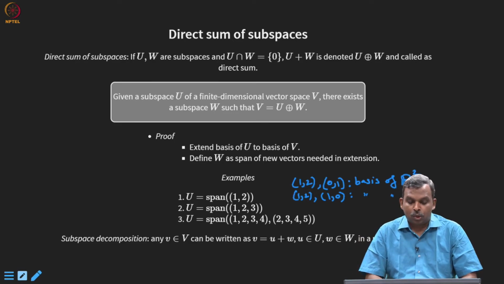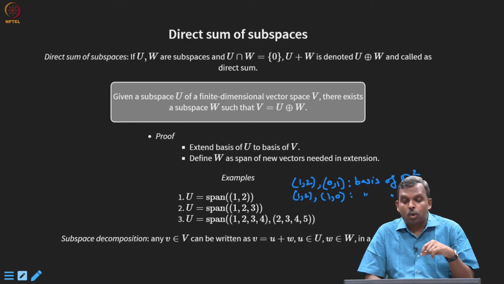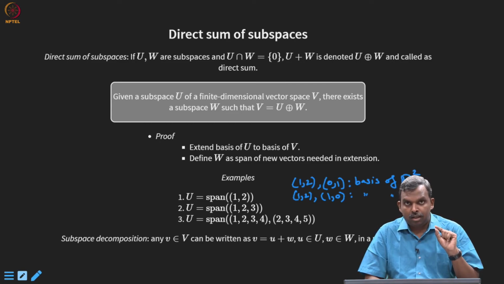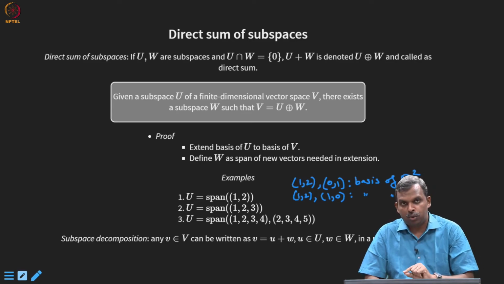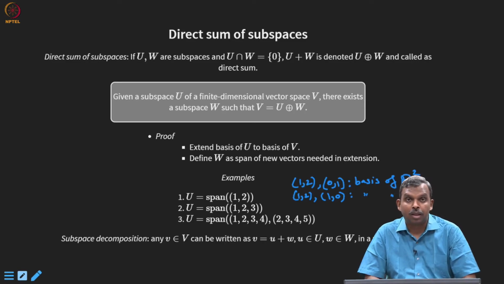So, here is another interesting result. It turns out because of this direct sum decomposition V equals U direct sum W, any vector v in the vector space can be written as u plus w, obviously, where small u belongs to the subspace U and small w belongs to the subspace capital W, and that decomposition is unique.